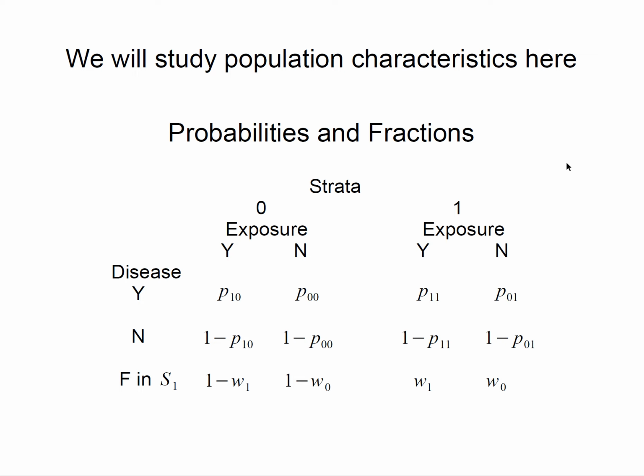First of all, the probabilities. We're going to suppose that there are two strata that we'll label just 0 and 1, and then we'll consider the outcome as either disease present or disease absent. As is standard, we will think of the disease characteristic as the rows and the exposure characteristic as the columns.